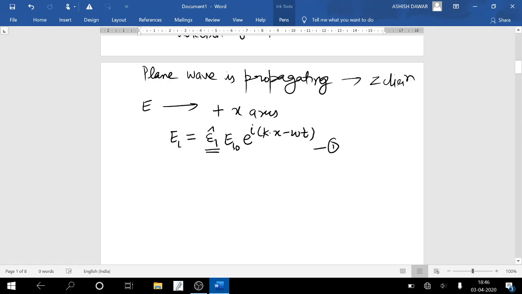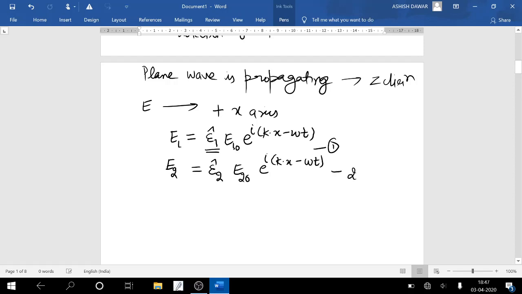However, a general state of polarization can be described by a linear combination of two independent states. So we consider a second linearly polarized wave, and that wave is represented as E2 equals epsilon 2 cap E20 exponential iota (k dot x minus omega t).